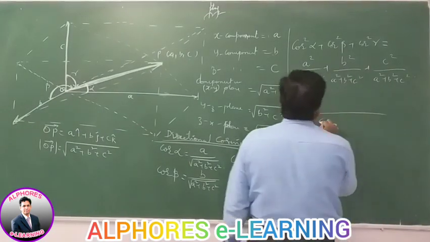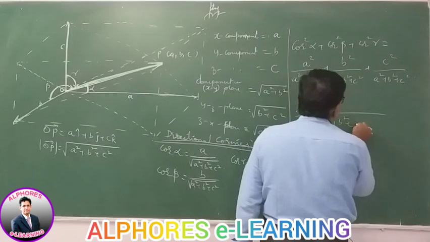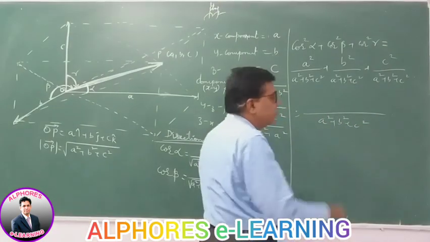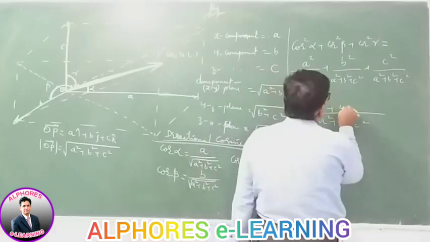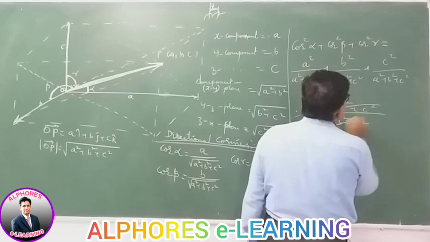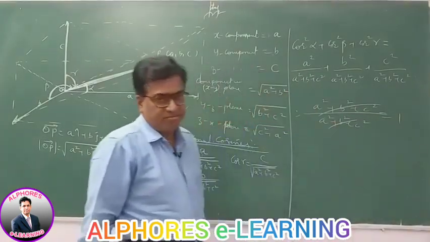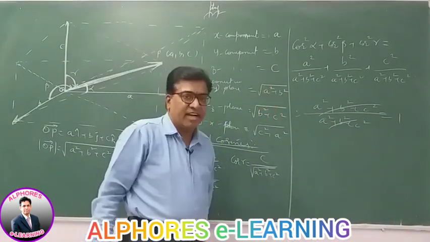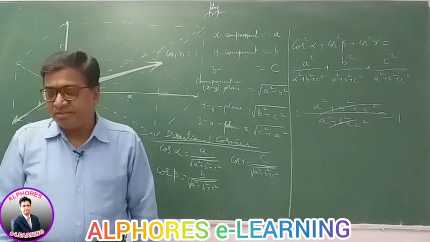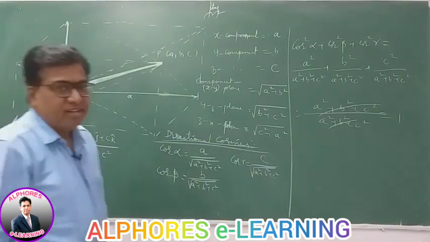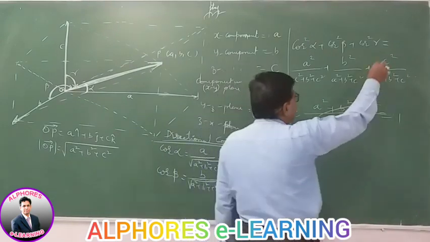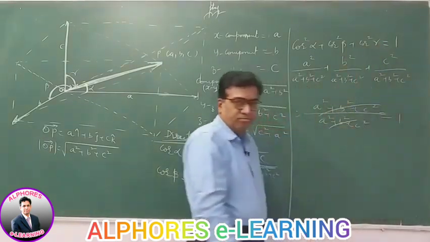All three put together, a square plus b square plus c square is the LCM. In the numerator it is a square plus b square plus c square. These two cancel, we get 1. That is the identity for the directional cosines of the vector: cos square alpha plus cos square beta plus cos square gamma is equal to 1.